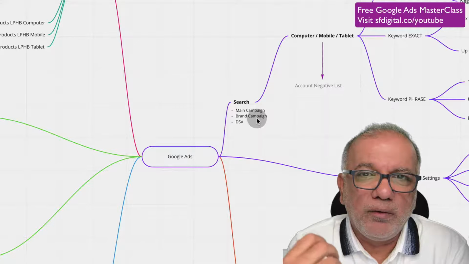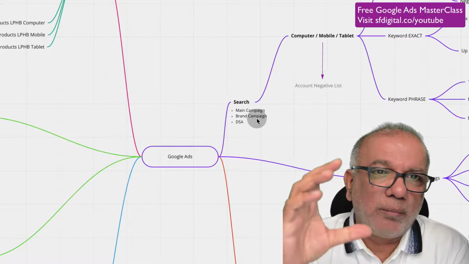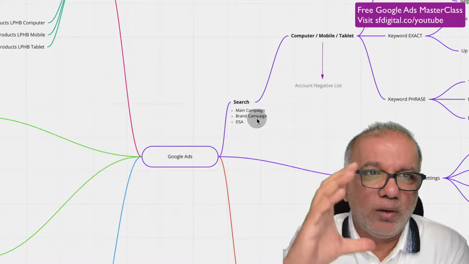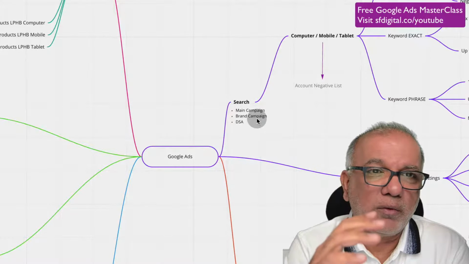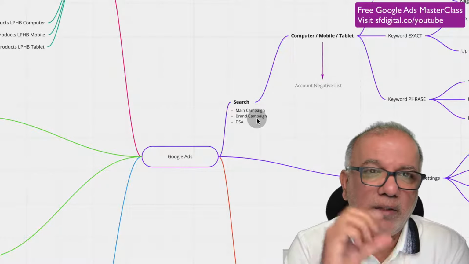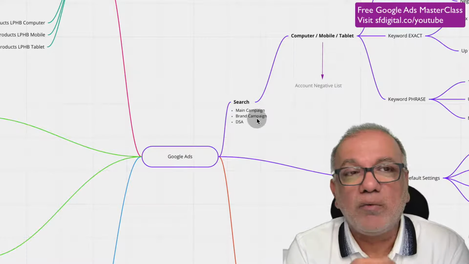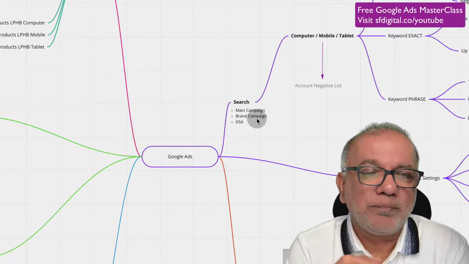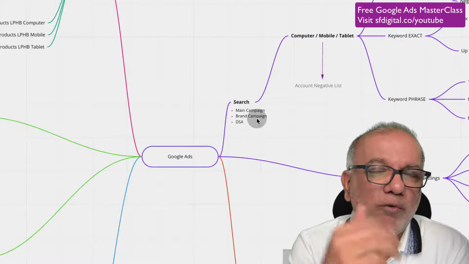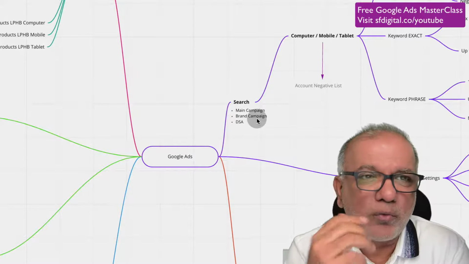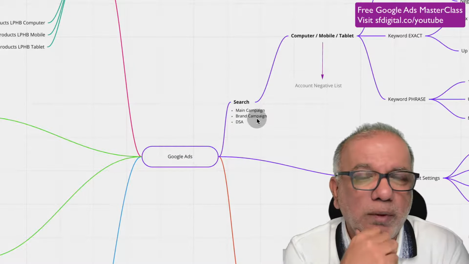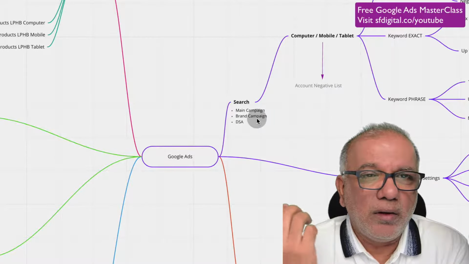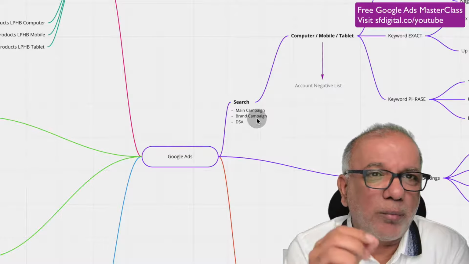Well, the ads always show at the top, and especially in the case of the smartphone, all four ads pretty much take up the whole mobile screen. Then you have the Google Maps, and then you have the organic ranking. So it's way down below, and people need to scroll quite a bit before they will see your listing. So why not just put your name or your company right at the top, unless and until a lot of advertisers are bidding on your brand.